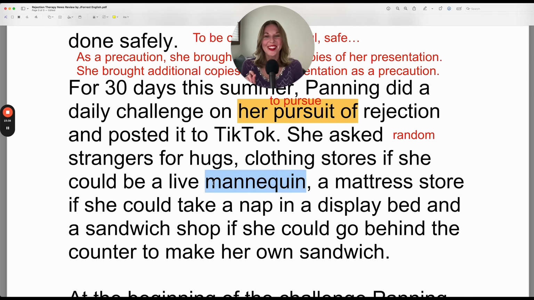A mannequin is the lifelike model who displays the clothes, in whatever static position a mannequin would be in. So she wanted to wear the clothes and be a mannequin in the window, but it's not plastic, it's a real person. That's pretty funny, actually. So notice the pronunciation: mannequin.